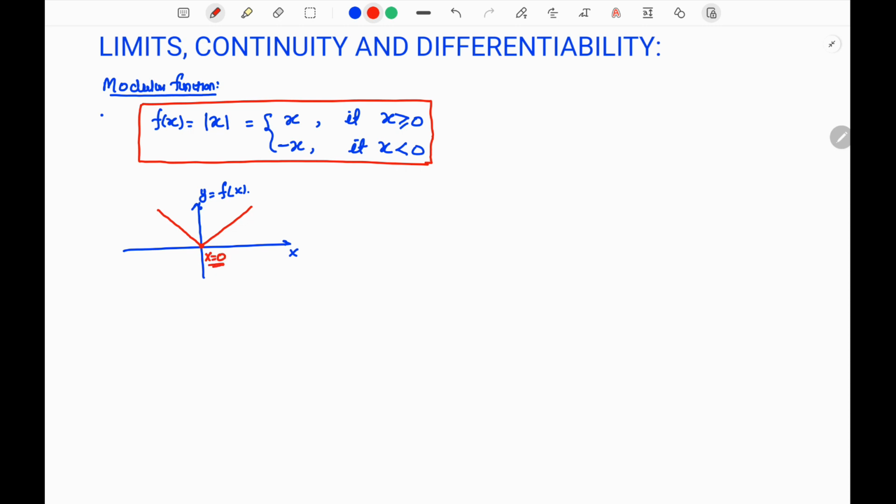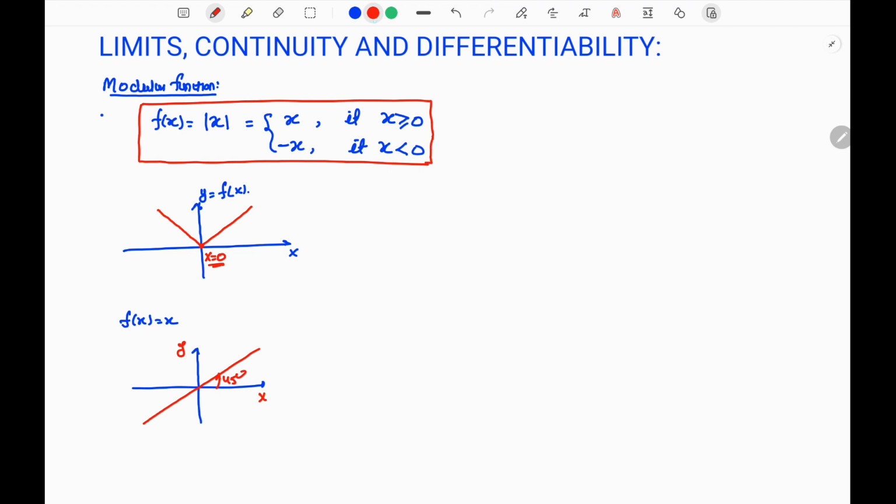Alternatively, we can also draw the graph by transformation. For this, first we have to draw the graph f(x) equal to x, which will be drawn here. It is a straight line which passes through the origin and is inclined at an angle of 45 degrees with the positive x-axis.